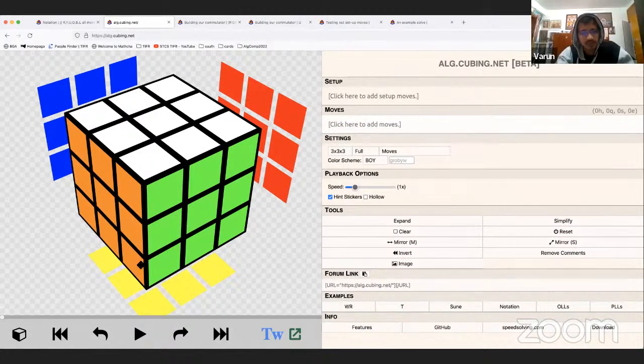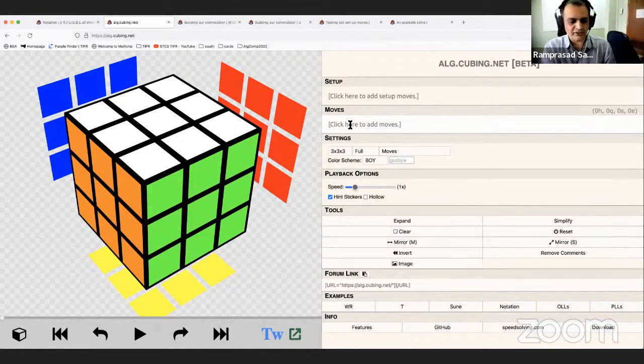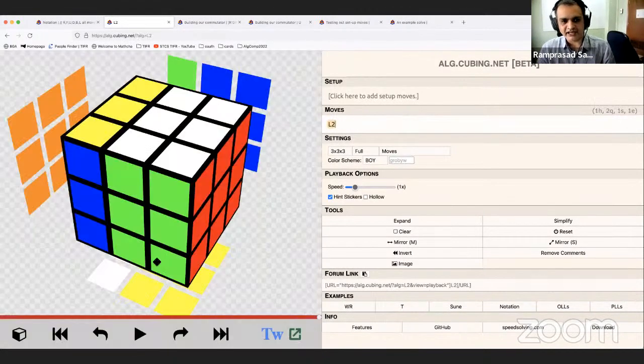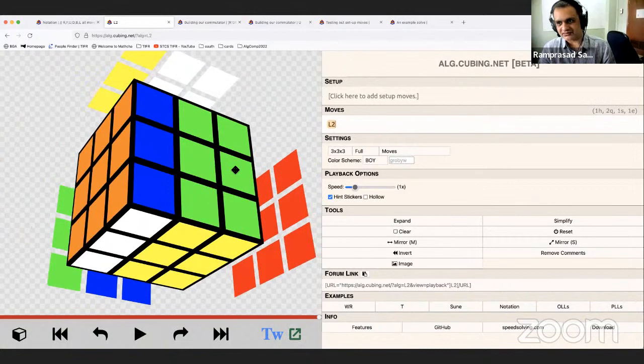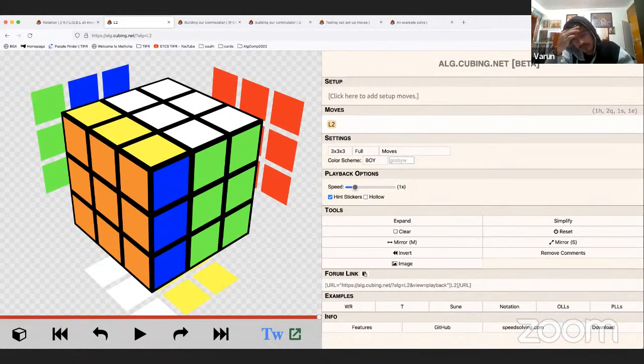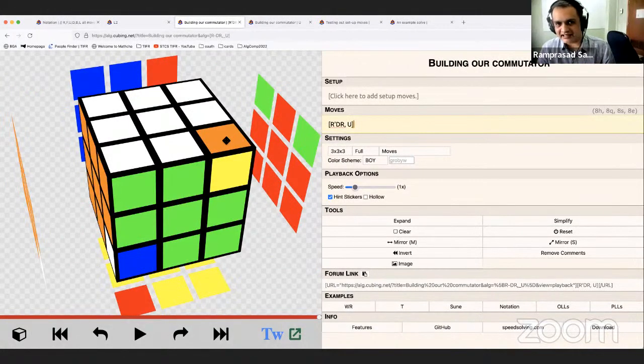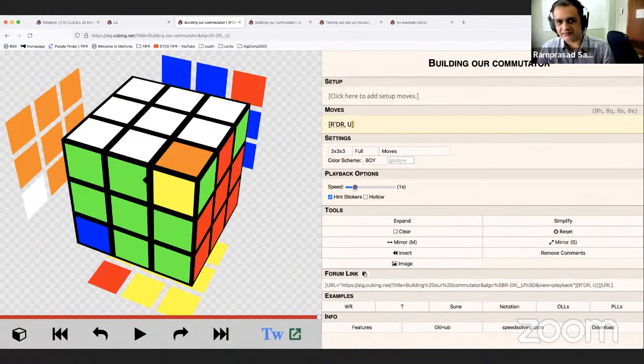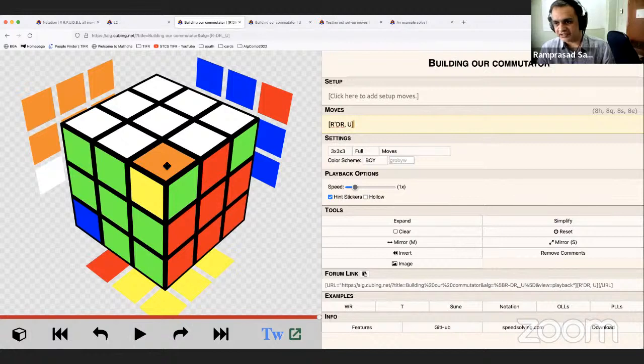Yes, L2 works. So L2 will move the white face, and if I do L2, the white face will end up going below. Suppose that's not what I want. So basically, in this commutator, the thing that came on top was this orange color. Now, instead of this orange color, I want that white color to come here.